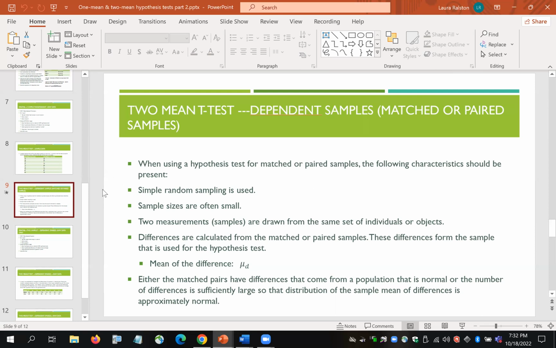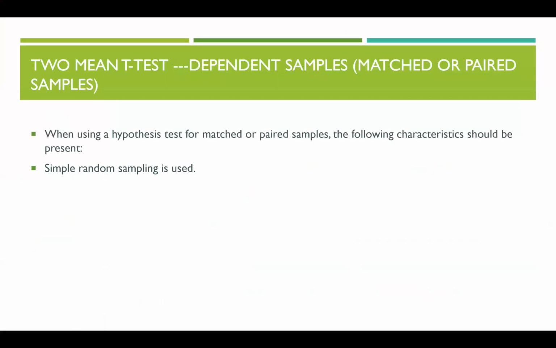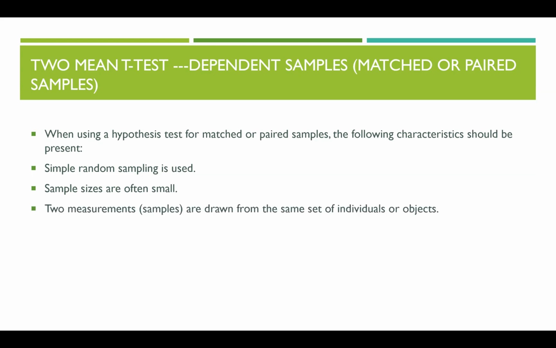Again, we want to ensure we are using simple random sampling, meaning everybody in the group had the opportunity to be selected. Oftentimes with a paired t-test, our samples are small. We take two measurements from the same set of individuals at different points in time.